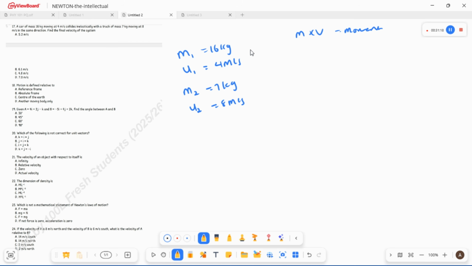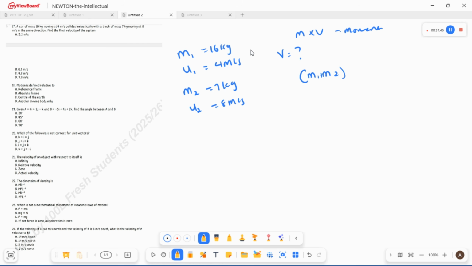Now the question could come in this form: a truck of mass 7 kg at rest. If it's at rest, then that means your initial velocity is going to be 0. Do not mix them up. Now the question says find the final velocity of the system, which means we are looking for V. Remember that for inelastic collision, the bodies will join together, right? So because they are joining together, their mass will now be M1 plus M2.